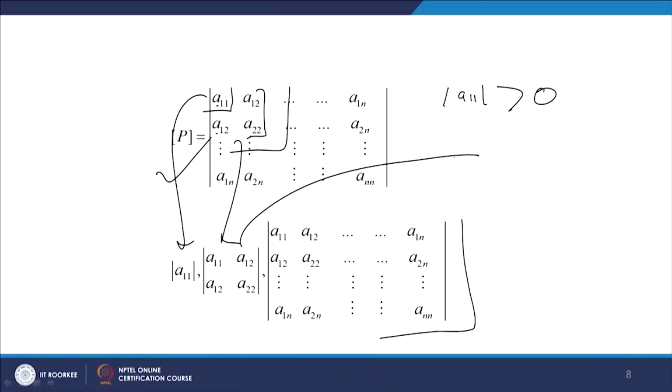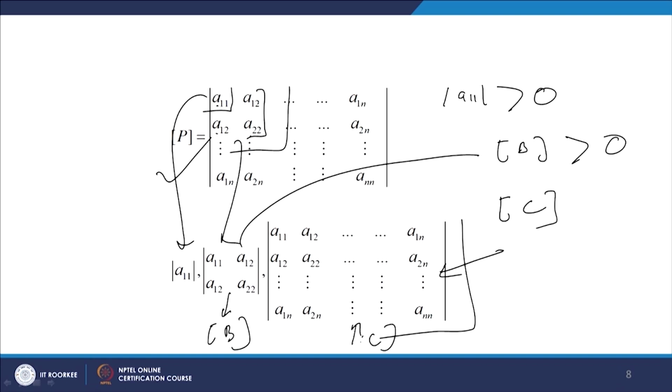Similarly, this magnitude, let us say we write it as B, this B must be greater than 0, and the determinant of the complete matrix, let us define it as C, C must be greater than 0. So, if this is the case, then we call it a positive definite matrix.